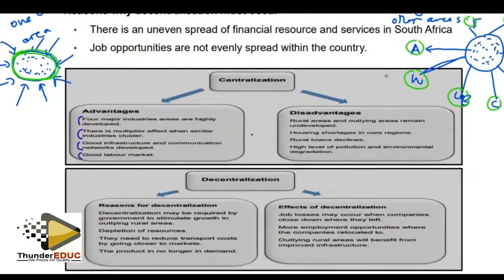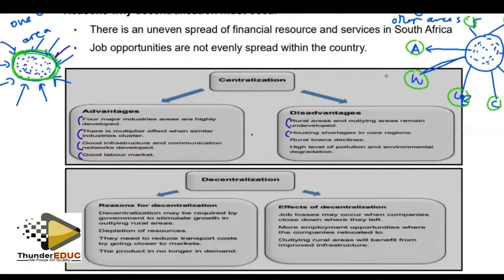The disadvantages: rural areas and outlying areas remain underdeveloped because, like we mentioned, if industries are only focusing on this given area here, it means that the surrounding rural areas will be left underdeveloped. And they say housing shortage in core regions, because of industries centralizing, time reaches and there is shortage of accommodation for the workers due to the high number of people that are clustering to that given area.